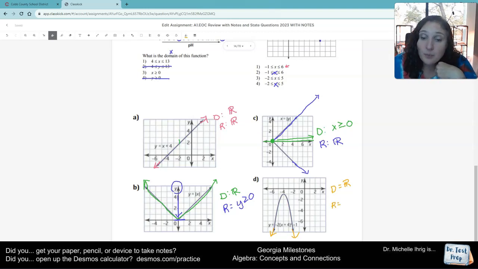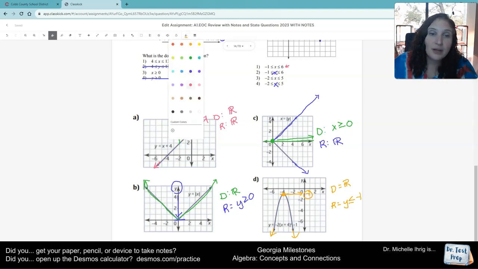The range, well, our range for quadratics are dictated by our max or our min. In this case, we have a max at (-4, -1). That's our vertex. That's our turning point and our max. So our highest that our y value could be would be -1. So I have all y values less than or equal to -1.